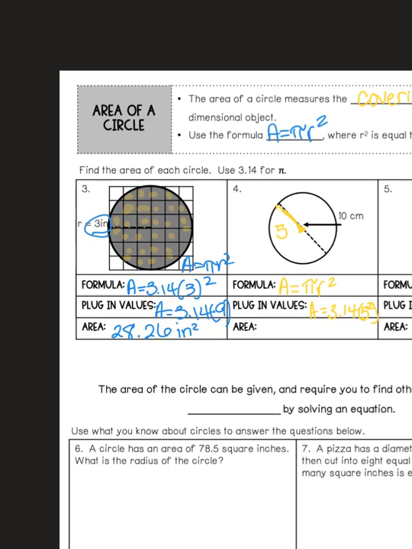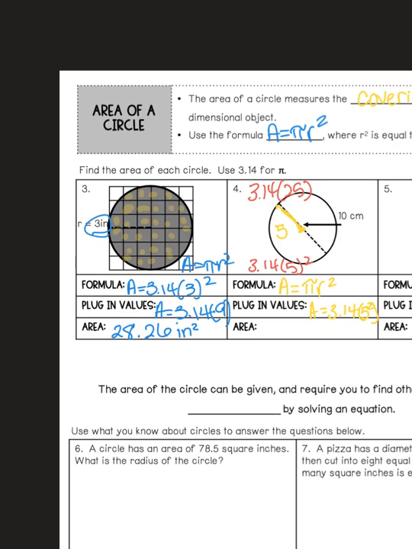Okay, so when I'm doing this on my calculator, you can do it all at once. In the calculator I can either do 3.14 times 25, or I can do 3.14 times 5 squared.